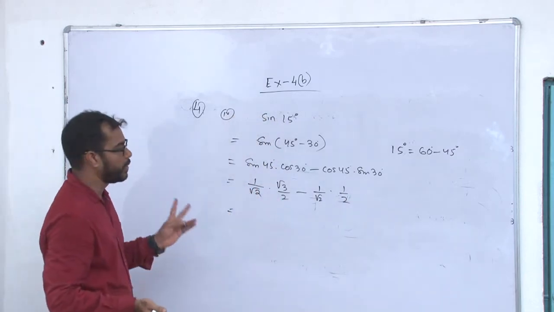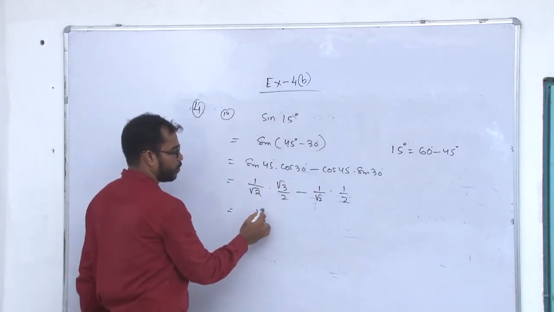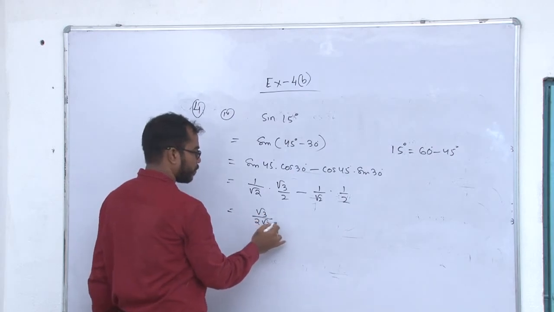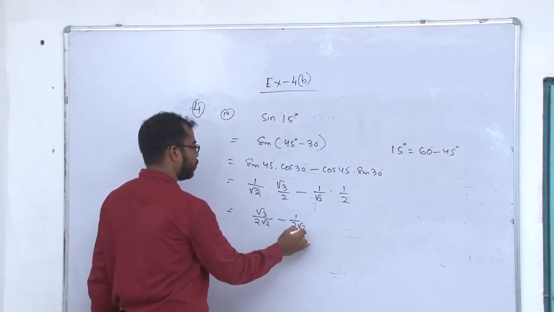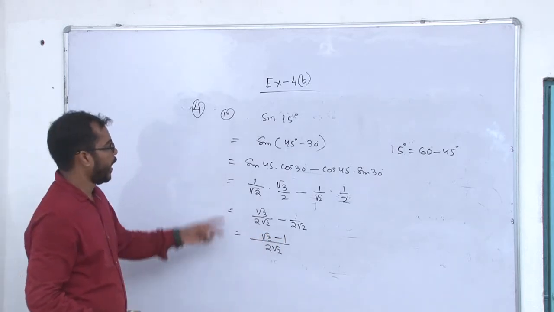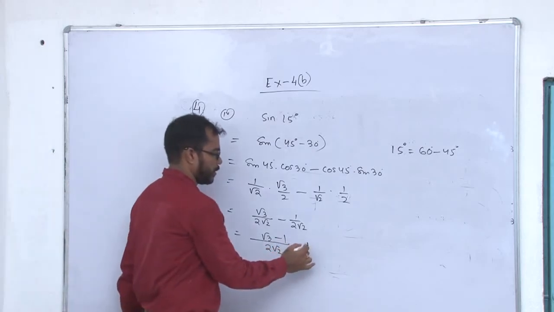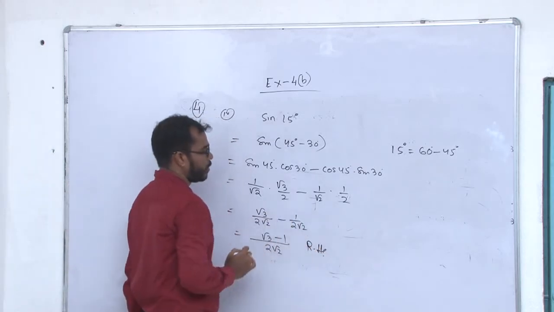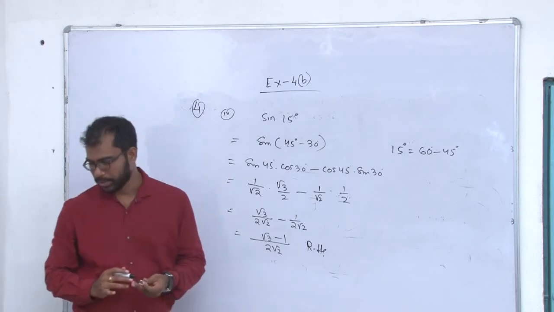If we multiply, then we have root 3 by 2 root 2 minus 1 by 2 root 2, and taking the LCM, that is root 3 minus 1 over 2 root 2. That is the result, the RHS of this given expression.